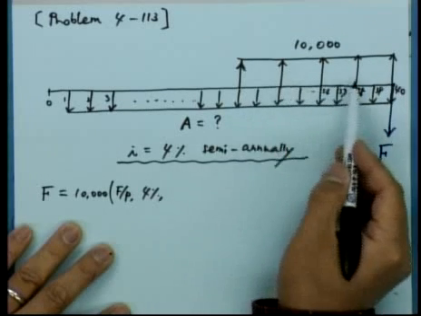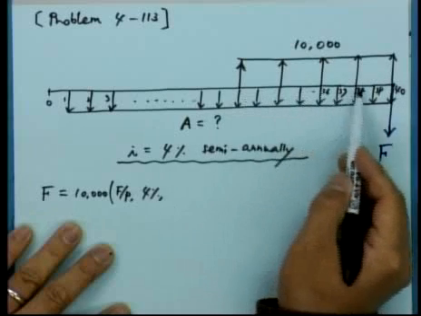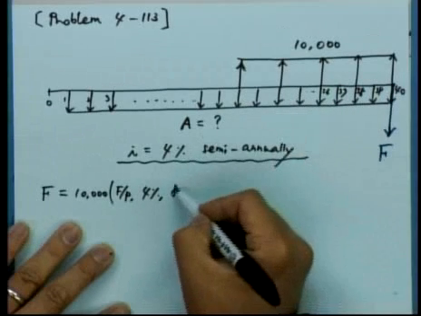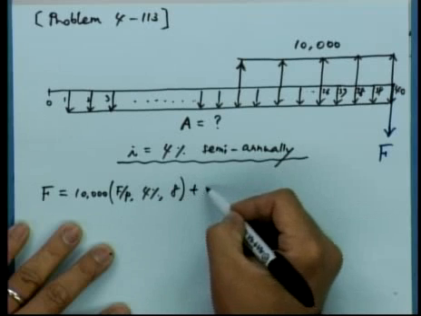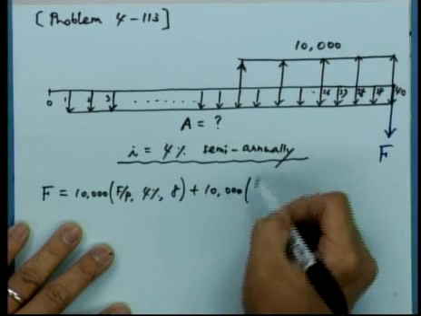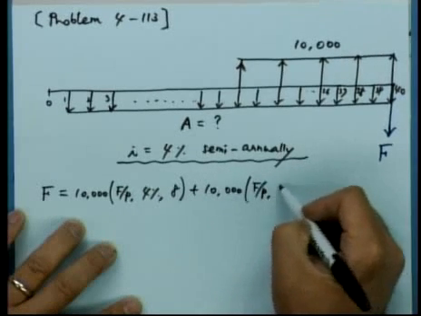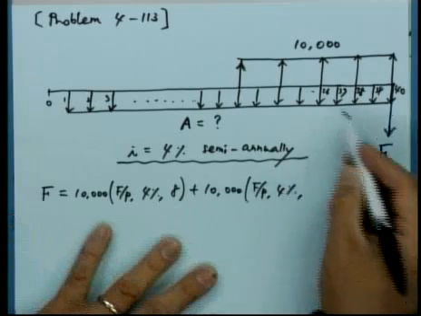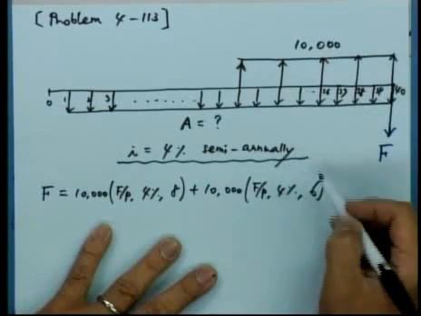It's not 4 periods. It's going to be 8 periods. Plus 10,000 times F given P, 4% over 6 periods.